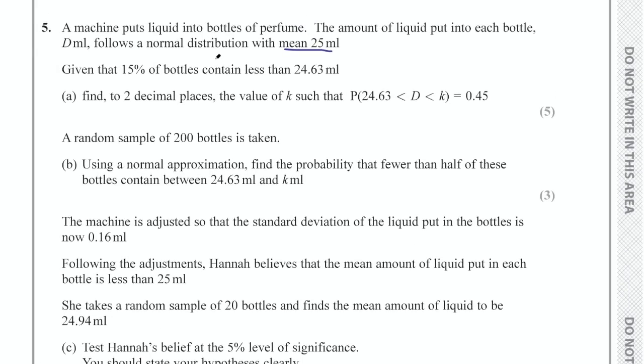Well, not really, because when they're saying find the probability that fewer than half of these contain this amount of perfume or liquid, this is then a binomial distribution because we have a probability of success and we have a probability of failure. In other words, we have two outcomes. It can either be between those or not between those. So that's a binomial distribution, but we're going to use a normal approximation to find that probability.